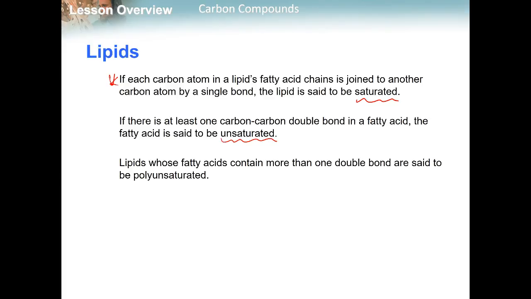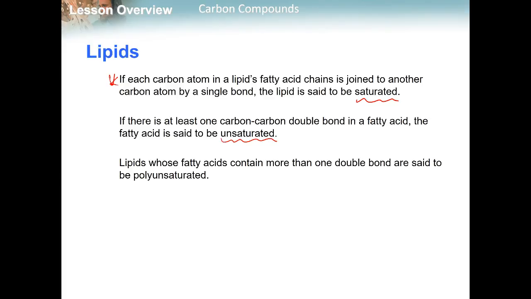Think of it this way: if you're saturated, you're holding everything you possibly can. Think of those heavy book bags that you have. Oh my gosh. If you have every single book in there, you're saturated. But if you're unsaturated, then there's extra room. You don't have your book bag totally filled. So that's a way to remember it.